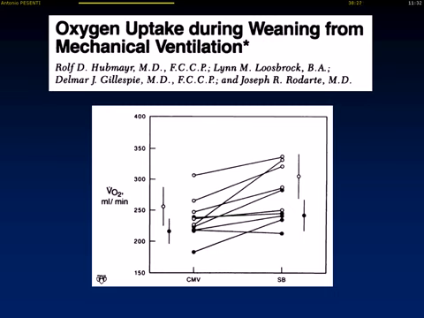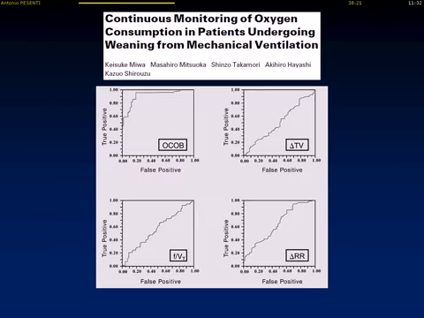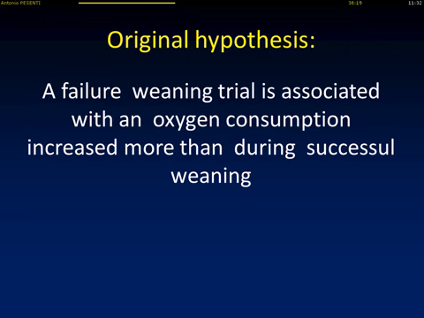Measuring oxygen consumption is another tricky business. However, I would like to discuss this point. Weaning failure is associated with an oxygen consumption higher than the oxygen consumption of a successful weaning.